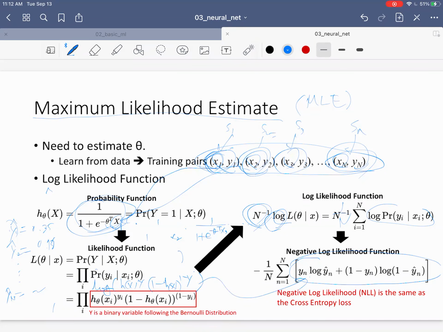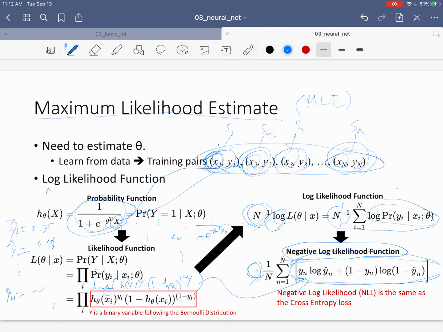So easy peasy. So now you can see that this is actually a negative log likelihood, because here it was just the log likelihood function, but we put a negative sign in front of it. So now it becomes the negative log likelihood function. And the reason that we put a negative sign in front of it is because we want to minimize. Usually, if you remember what we talked about last Tuesday, we want to minimize a loss or cost function.